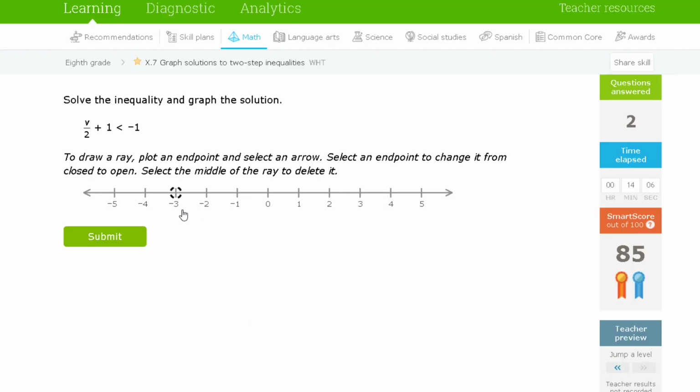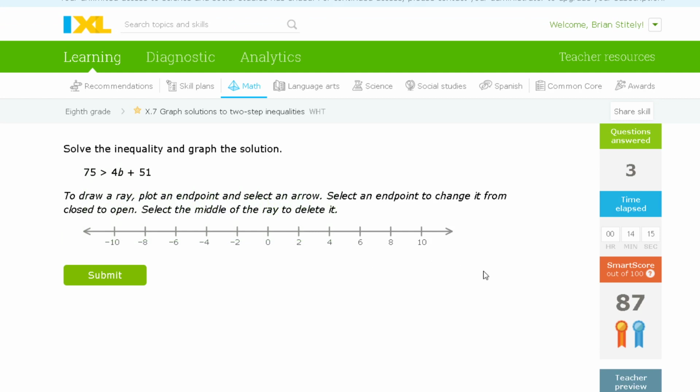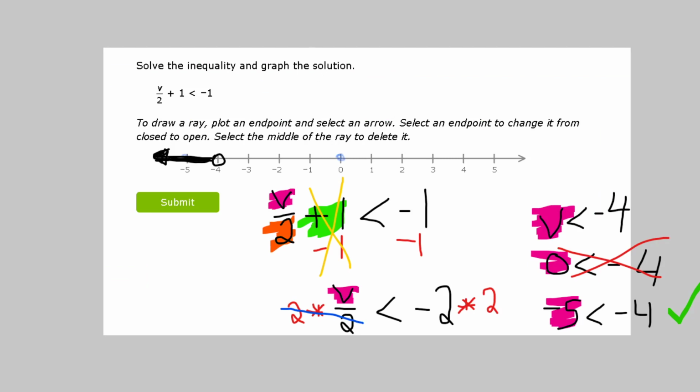Alright, so we have negative 4, open dot, should go in this direction. Alright, so again, these are really the same type of problems. The only thing is, just remember I made a little note, where if you have a situation like this, like if you had negative 2x is equal or greater than 4.